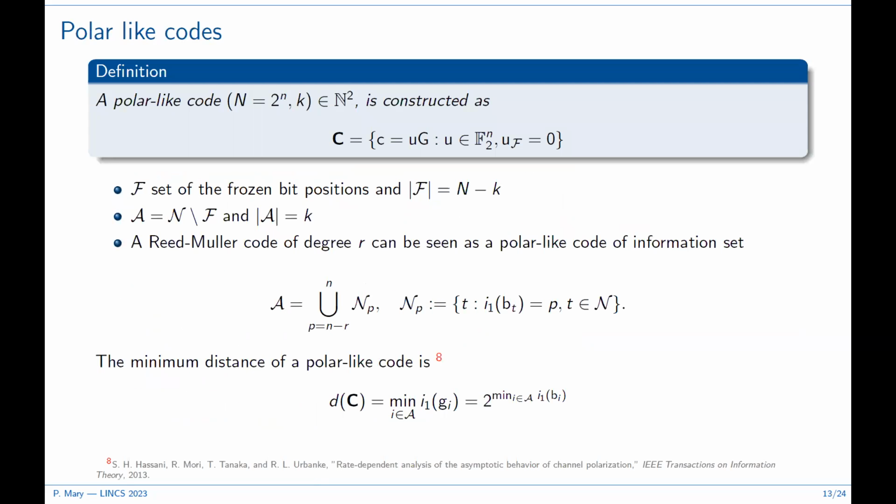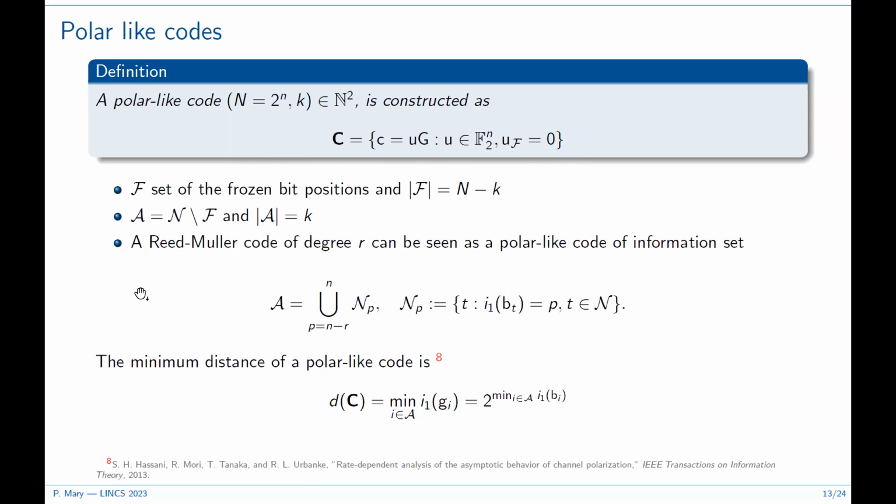Okay, so a polar-like code is a polar code, but where we let the choice to choose the frozen set in a different way than Arikan proposed. So the information set is the complement of this set.